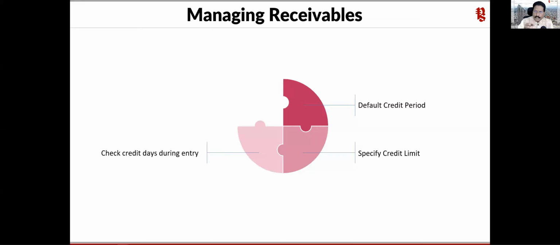That helps you decide your future course of action, whether you want to invoice this, because there are already a couple of bills which are overdue, where the customer has not honored his credit timeline. Do you want to further invoice, knowing pretty well that there are bills which are overdue? This is one decision point that you will have.